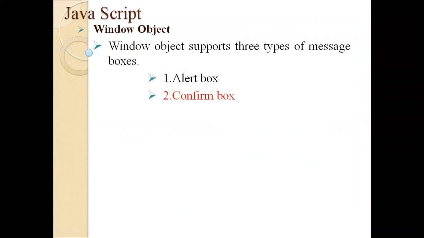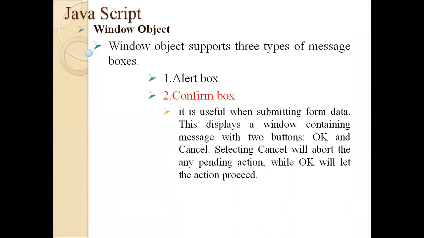The alert box is used to display some error or warning message. This confirm box is used for submitting data. When somebody wants to submit the data, this confirm box will again take a confirmation.